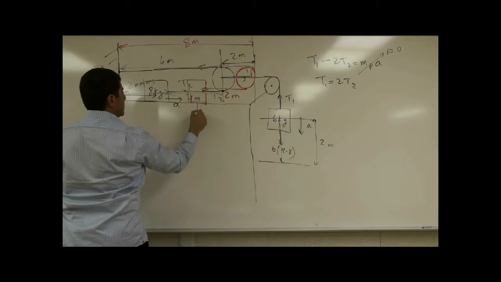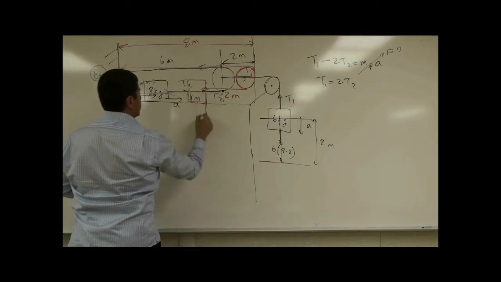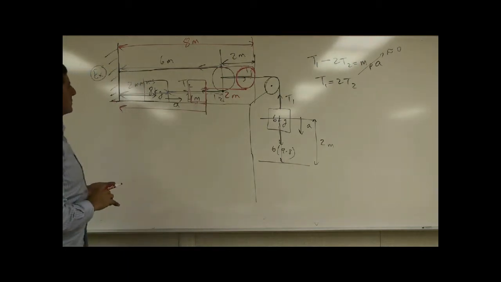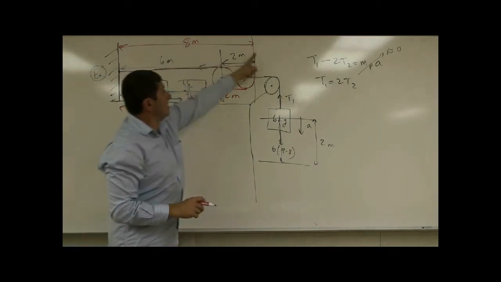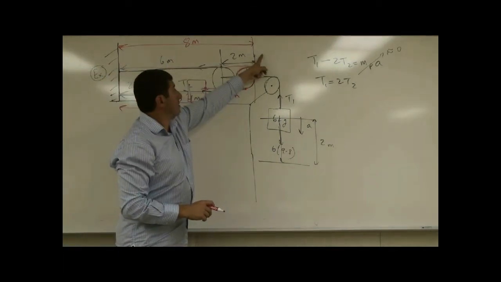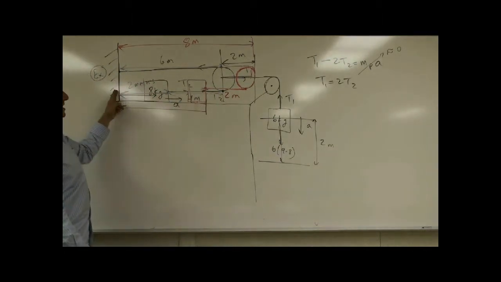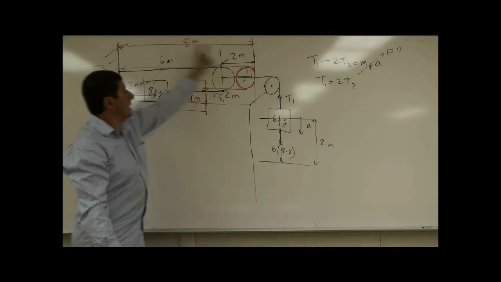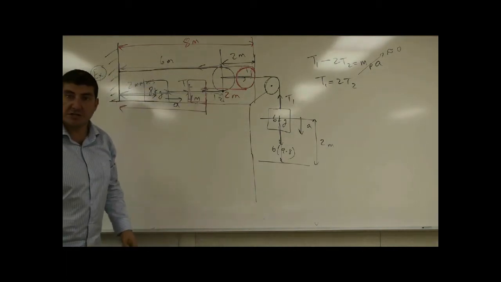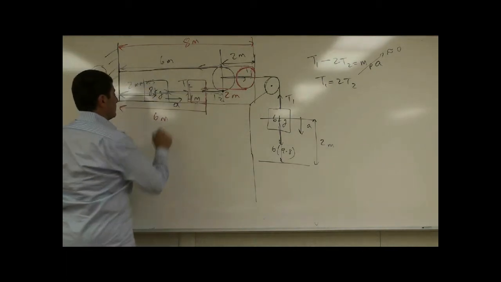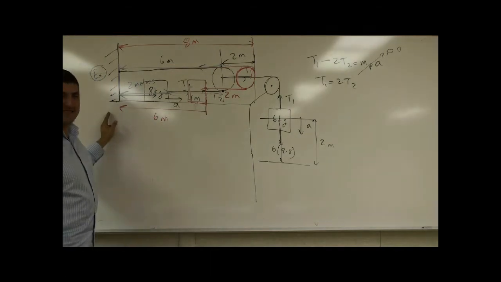Okay, now what's the distance from the front edge of the block to the wall? Well, if this is 8, and you're going back 2, therefore what does this have to be? Well, 8 minus 2 gives you 6 meters, so this distance has to be 6 meters. Notice what happened.